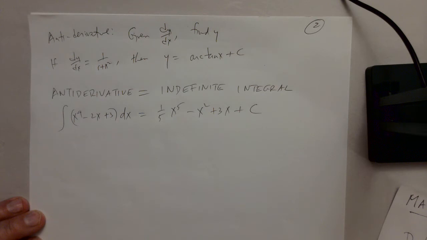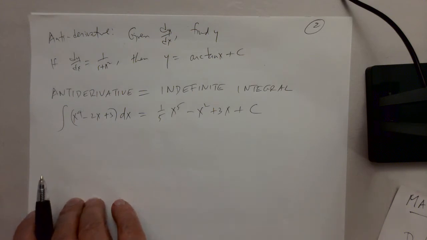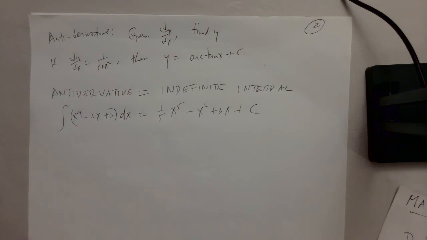This is the antiderivative. And you spent some time near the end of Math 175 learning a little bit how to compute some antiderivatives. And this semester we'll spend quite a bit more time learning techniques of integration, finding the indefinite integral, finding the antiderivative.